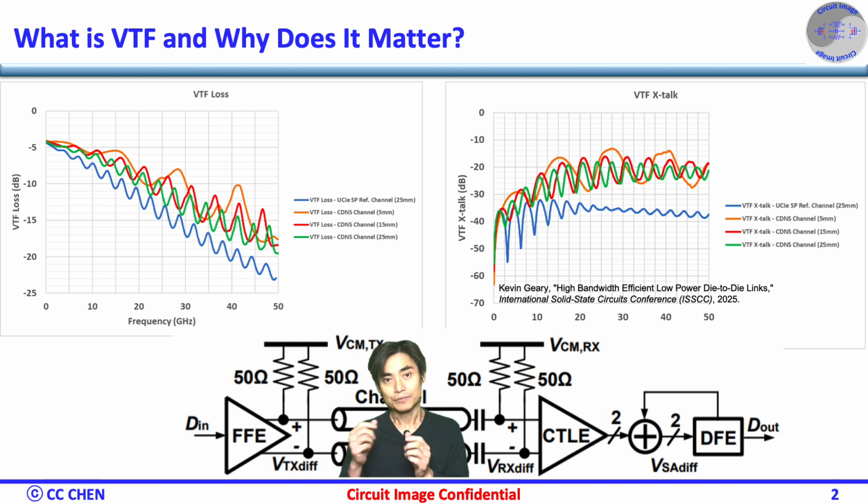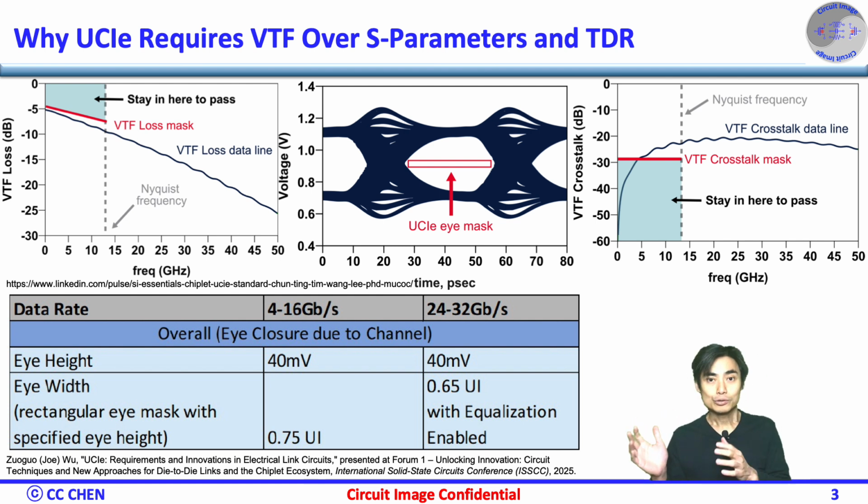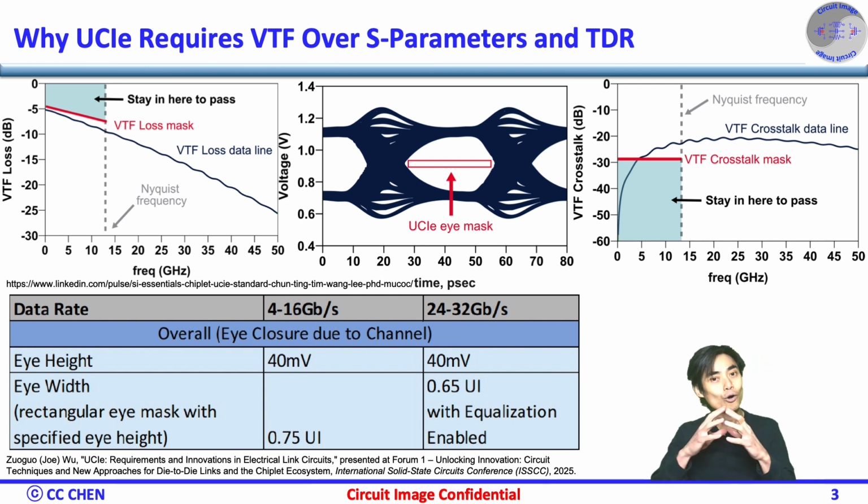Given the stringent performance needs of UCIe links, it becomes evident why VTF is critical for their evaluation. UCIe interconnects require precise IMAX compliance to ensure robust data transmission. While S-parameters provide frequency-dependent loss information, they lack a direct voltage domain interpretation needed for short-reach interconnects. TDR identifies impedance discontinuities, but does not measure eye-opening over BER directly.